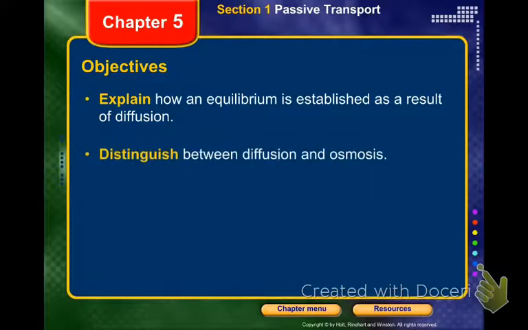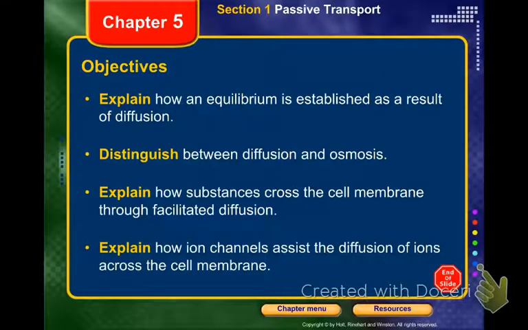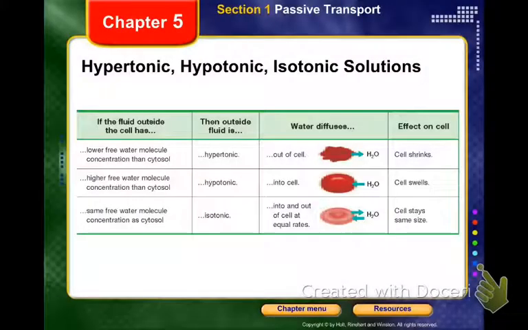All right, so how do we establish equilibrium when diffusion happens? What's the difference between diffusion and osmosis? How does facilitated diffusion work? And how do ion channels work for diffusion? So here we have our 3 blood cells. This was a diagram that you drew in your interactive notebooks, right?